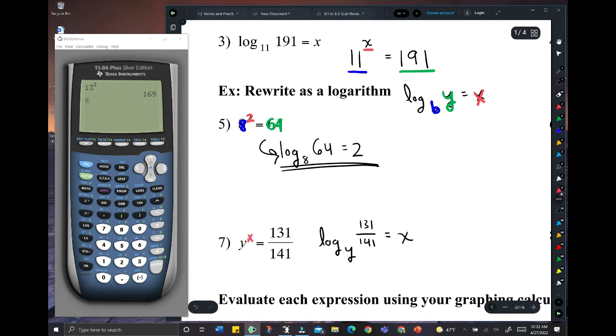Again, you can highlight things. x is what it's equal to. The bigger number, 131, is going to be this part here. And the base is always that.